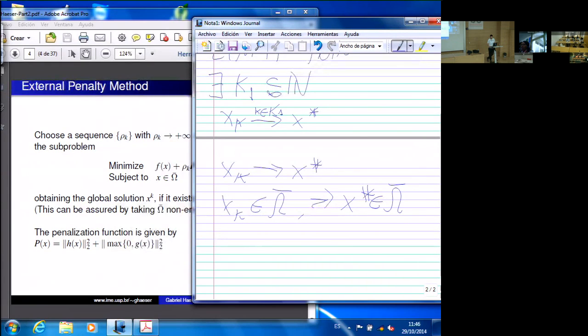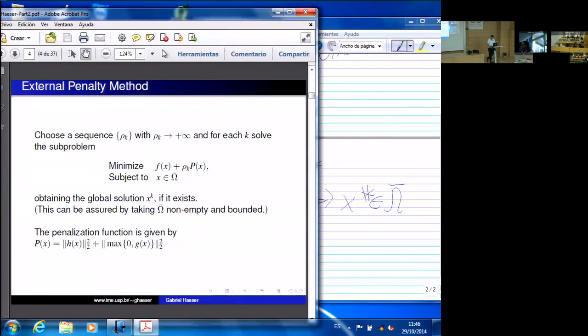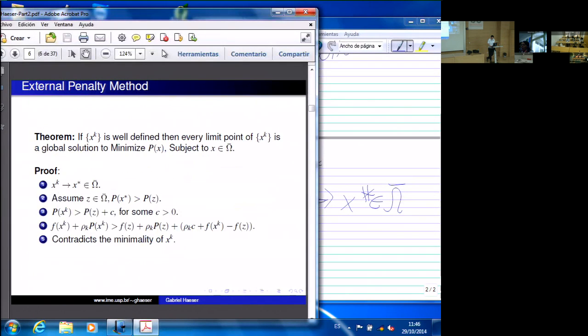And a closed set, by definition, contains the limit of every sequence defined in the set. So x star must be in omega bar. Okay, that is some progress. And so x star is a feasible point for this problem that we are trying to prove is a global solution. So it's a good start.